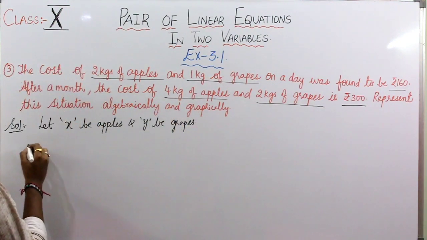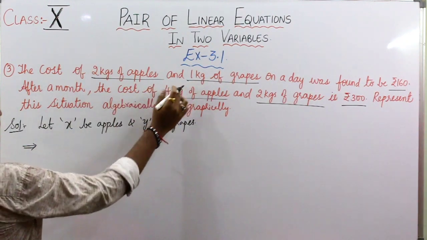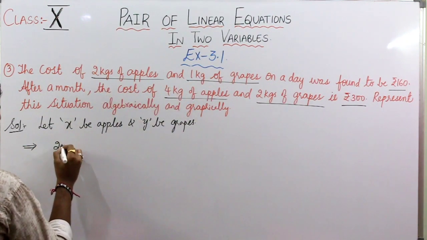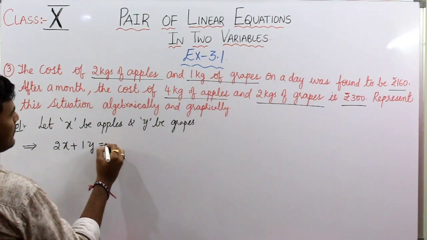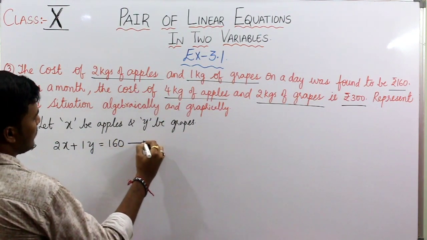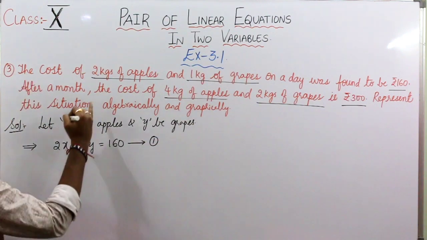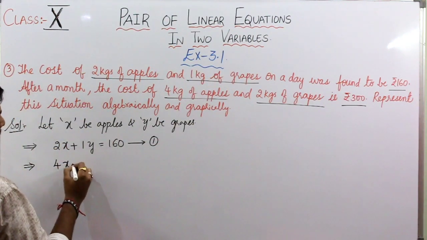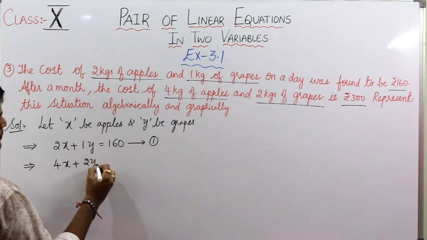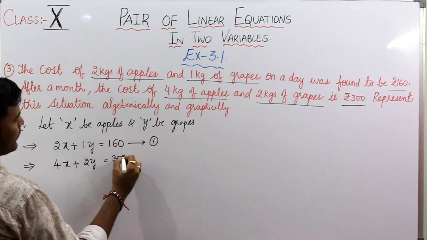Okay, so from the first situation, what can you write? 2 kgs of apples, so 2x, plus 1 kg of grapes, 1y, is equal to 160. This is the first equation. And the second one, 4 kgs of apples and 2 kgs of grapes is 300 rupees.